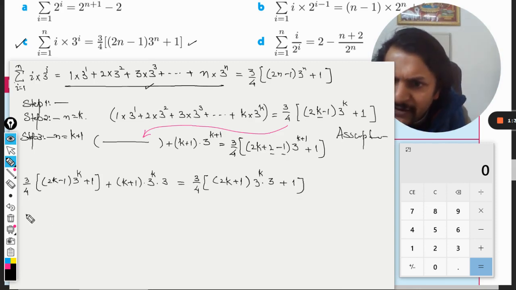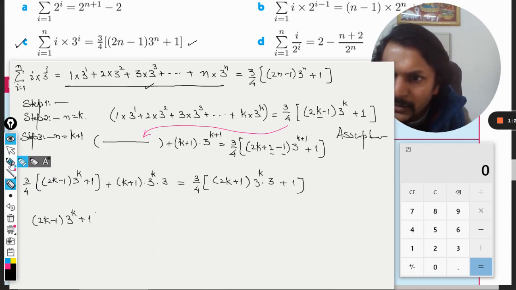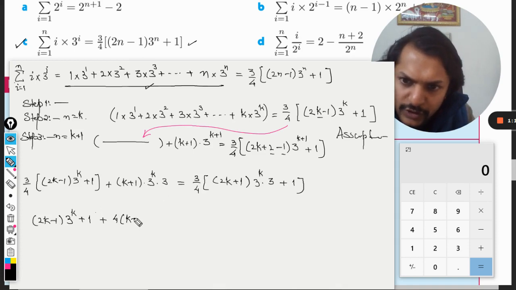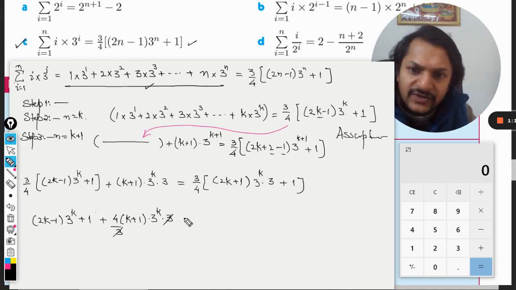So I would be remaining with (2k minus 1) 3 raised to power k plus 1, plus this equation multiplied by 4 by 3. So it will be 4 into (k plus 1) divided by 3 into 3 raised to power k into 3. This 3 gets cancelled with this 3.